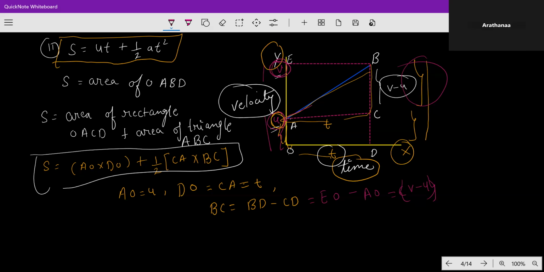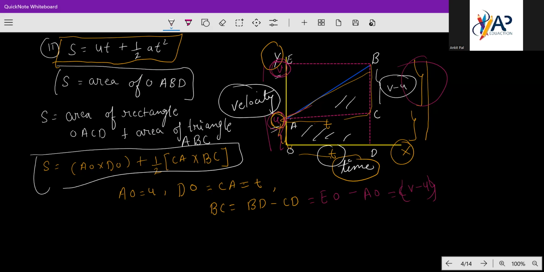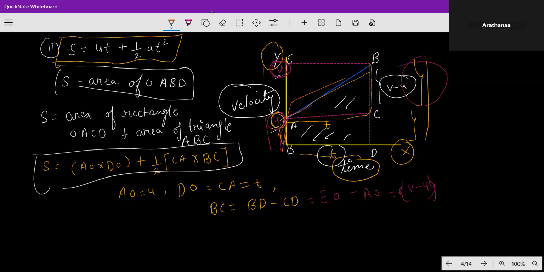So we calculate the area of this rectangle and the triangle, so we use the area of OABD, right? Yes.